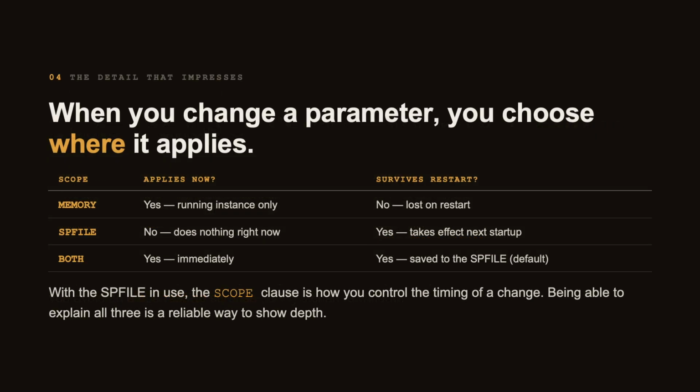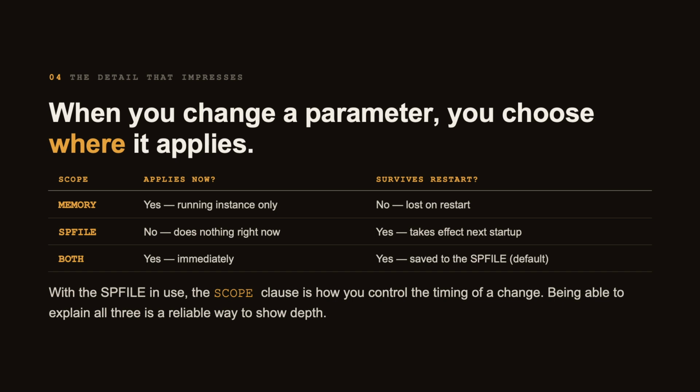This is the slide that makes interviewers sit up. When you change a parameter and the SPFILE is in use, you choose where the change applies using the scope clause, and there are three options. Scope equals memory changes only the currently running instance, and the change is lost on the next restart. Scope equals SPFILE writes the change to the SPFILE only, so it does nothing right now, but it takes effect at the next startup, and that's exactly how you change a static parameter.